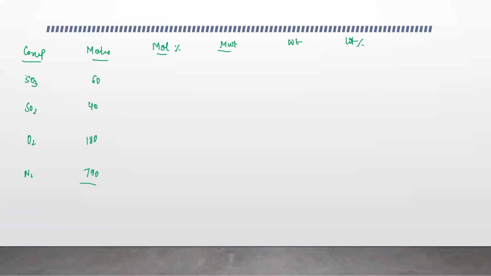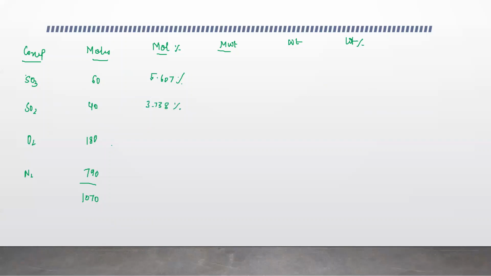So when you add all of them, you get 1070 kilomoles of the total gas mixture. Mole percent is individual upon total into 100. So that is going to be, this would be 5.607%. Then this is going to be 3.738%.